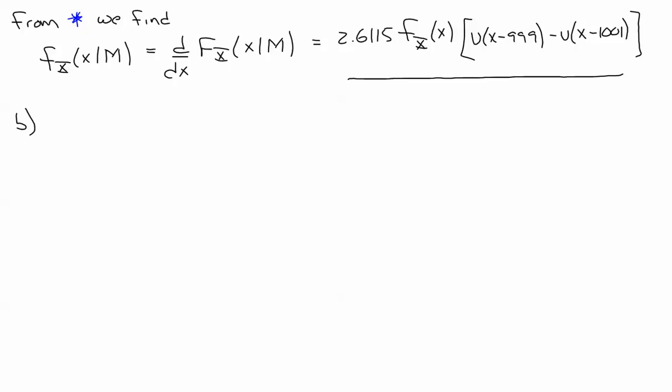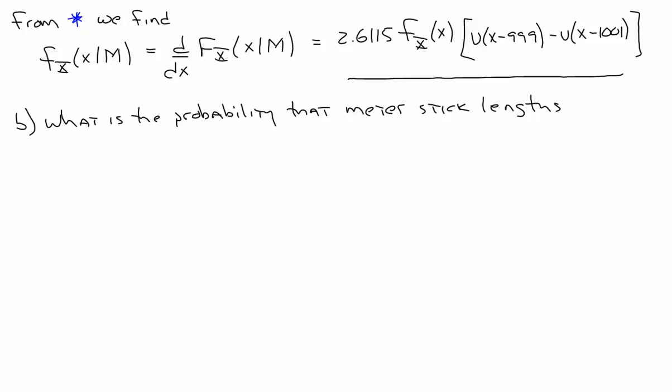I want to find the probability that the meter stick lengths are within plus or minus 1/2 millimeter after throwing all those away that were either too long or too short.